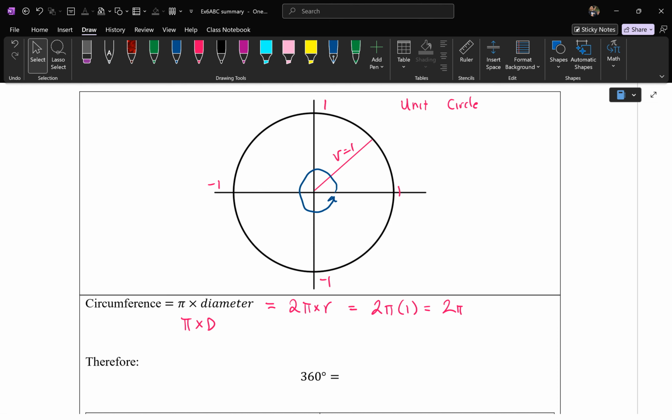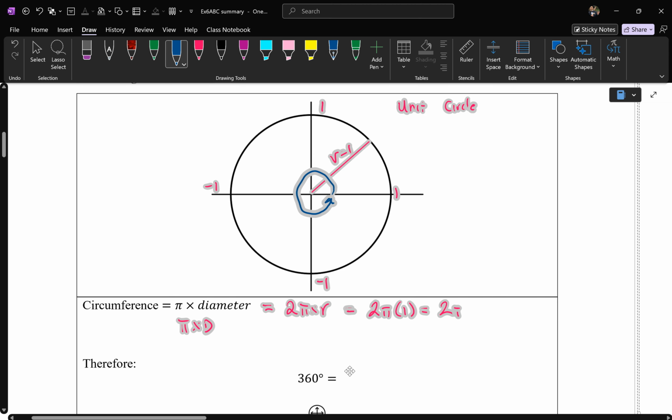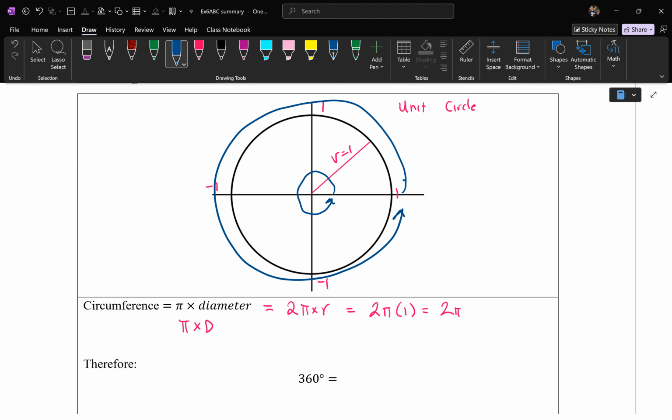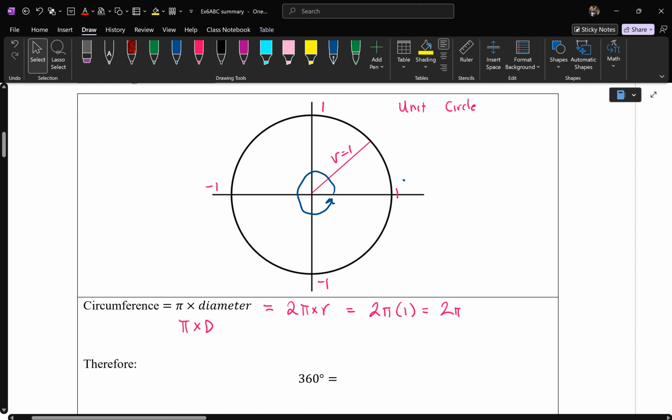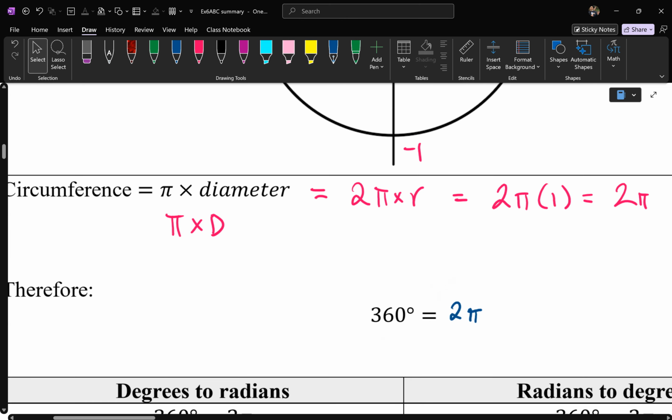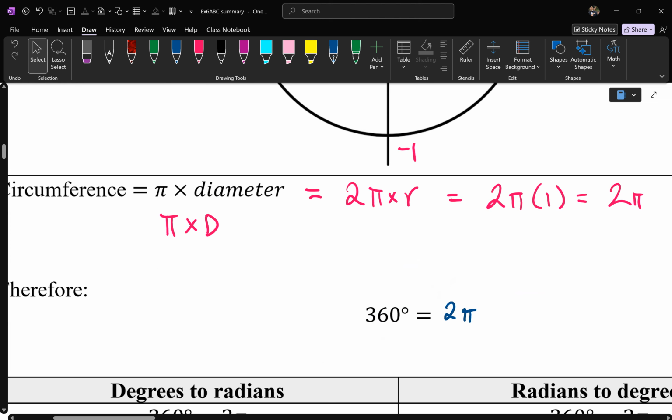So one revolution is 360, but we also know that means the distance around the unit circle, which is what radians measure. So when you say 1 radian, you're doing a portion of the outside distance. So we know that 360 degrees is equivalent to 2 pi distance, because of the angle versus the ratio of the distance around the circle.